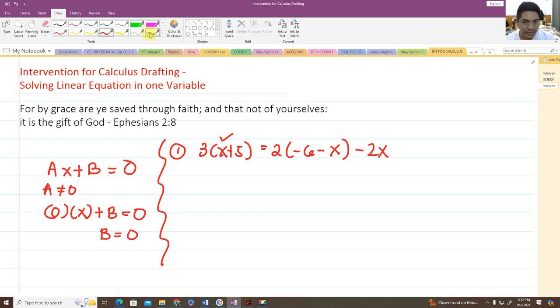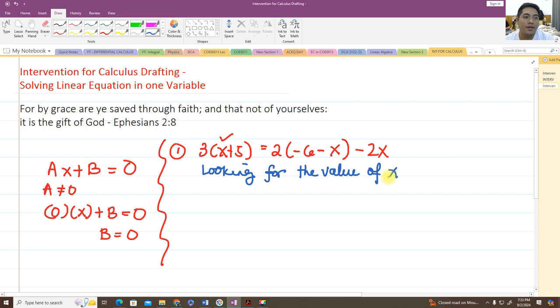So if we solve this linear equation, we are actually looking for the value of x that would simply make this equation true. Okay? And that process of getting the value of x is what we call getting the solution of this linear equation. Getting the solution x.